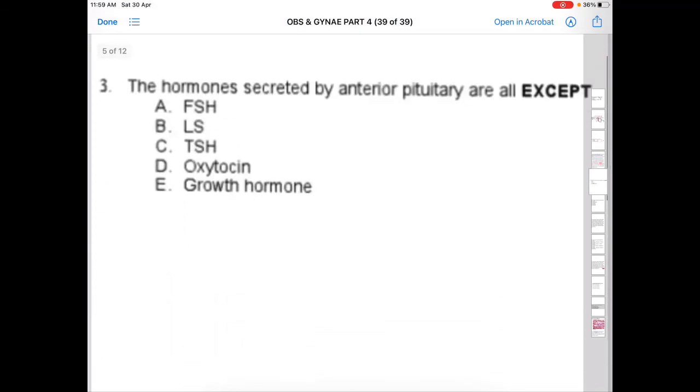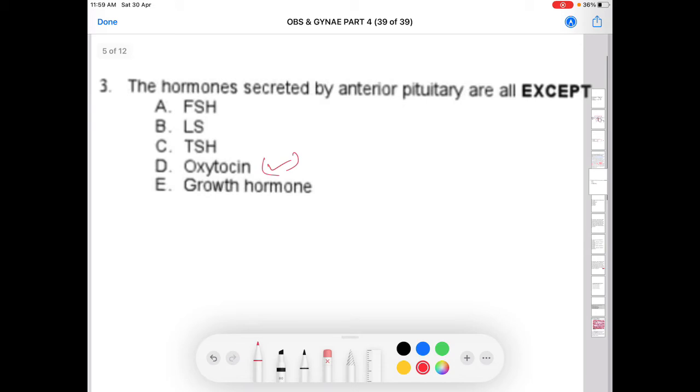Next question. The hormones secreted by the anterior pituitary are all except: A, FSH, B, LH, C, TSH, D, oxytocin, and E, growth hormone. The correct answer here is oxytocin. There are only two hormones secreted by the posterior pituitary gland, that is oxytocin and ADH or vasopressin.